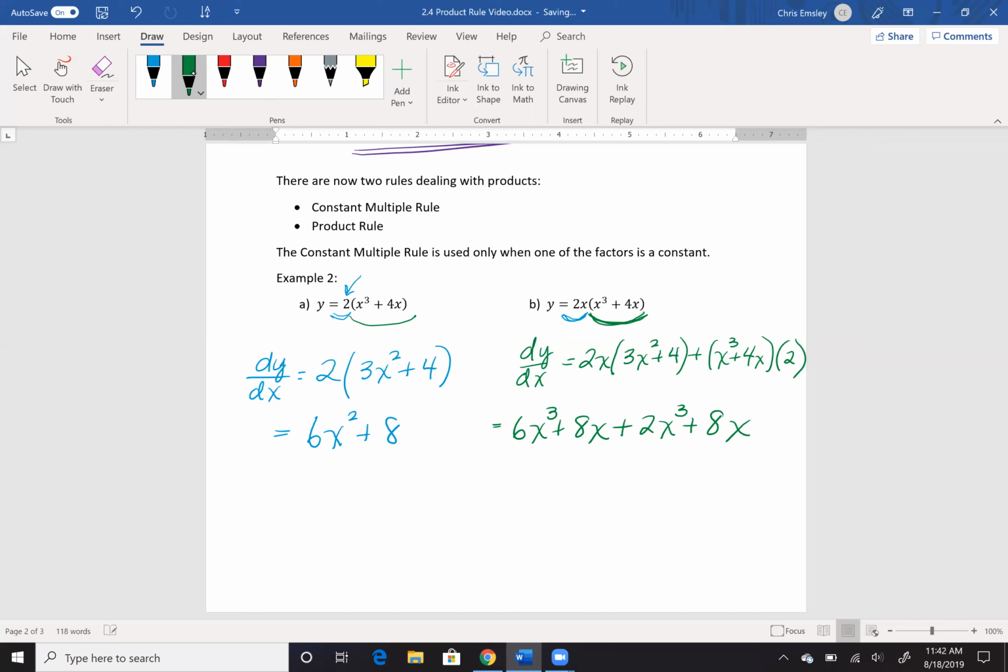And combine your like terms. 6 plus 2 is 8x cubed. 8 plus 8 is 16x. And there is our derivative for part B. Okay, so just make sure you can recognize when you need to use the product rule in part B and when you don't need to in an example like part A.